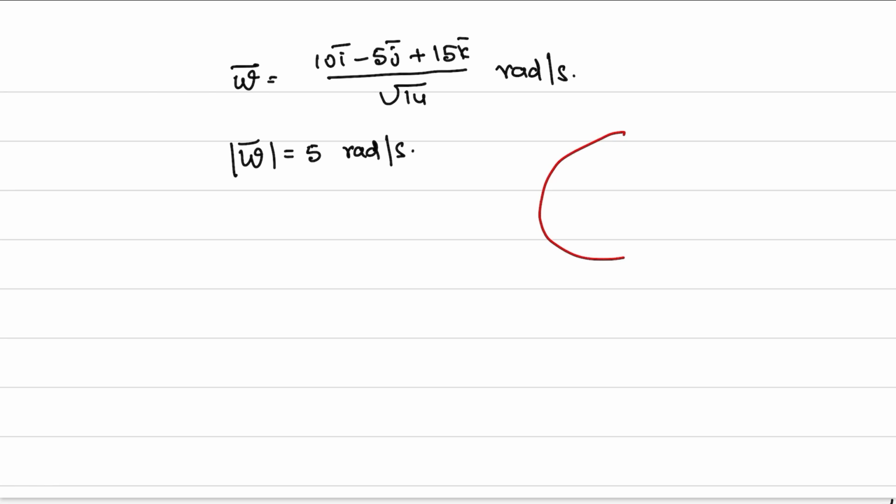If there is a rigid body, it has many particles in it. In other topics like laws of motion, conservation of momentum, conservation of energy, we treat everything as a particle.